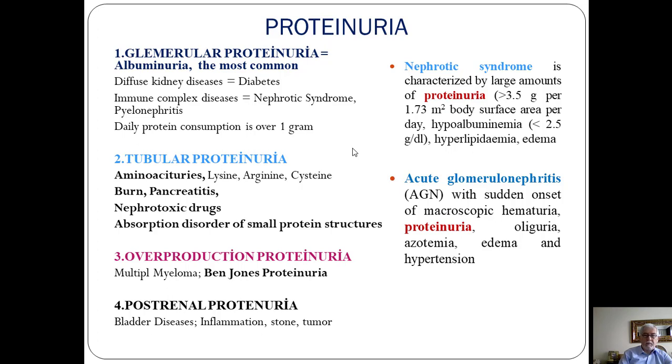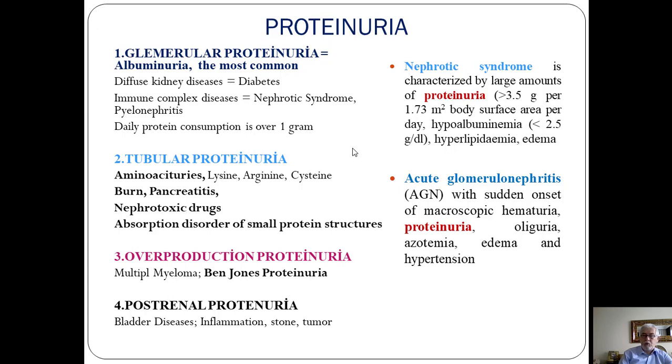Some immune complex diseases like nephrotic syndrome and pyelonephritis. Nephrotic syndrome is described by a large amount of proteinuria. Protein concentration in the urine increases above 3.5 gram per day.